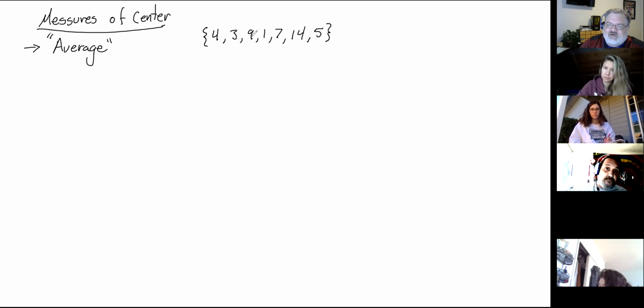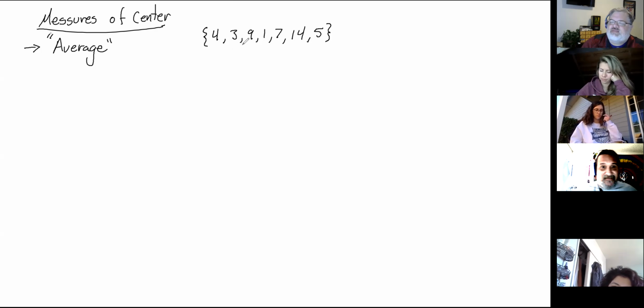If I asked you to find the average of this set of numbers, what most people generally do, and what you probably do, is add them up and divide by how many there are. Is that what you would go to when asked for the average? Yes. Good. So take a minute and do that. Find the average of these values: add them up, and divide by how many.